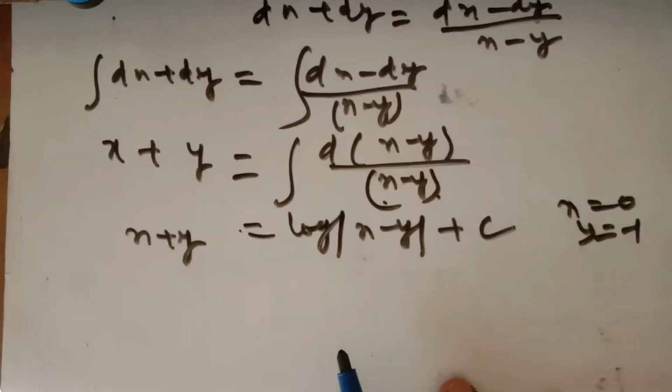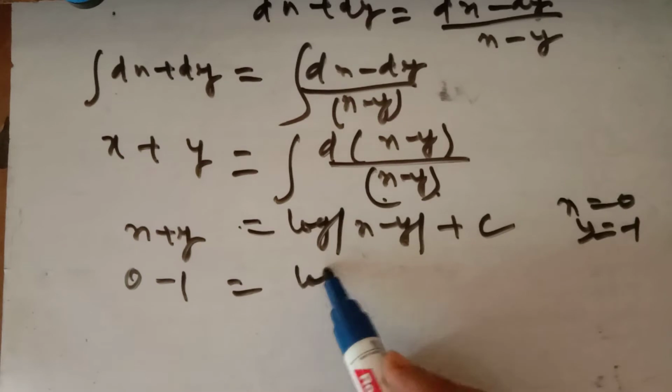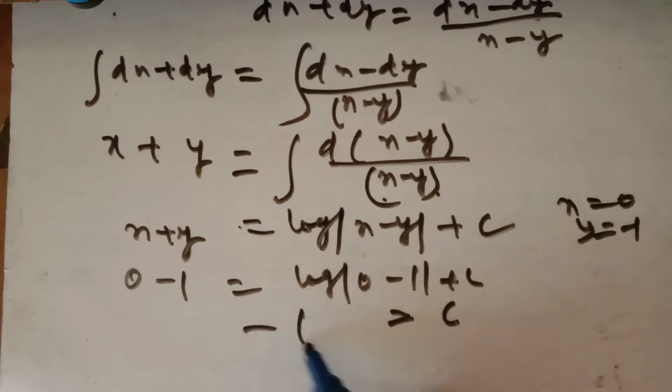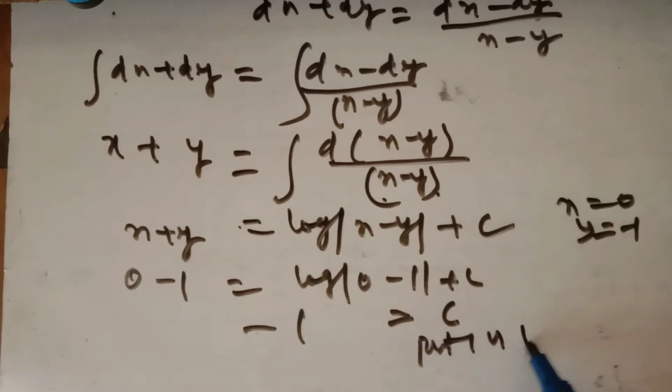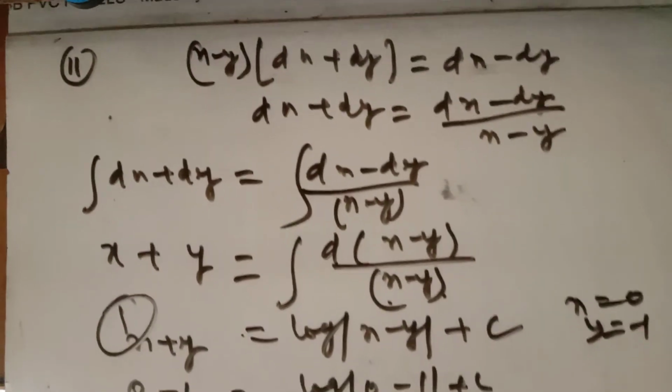When you put these values here, you get 0 minus 1 equals log|0 minus 1| plus c, and the value of c you are getting as minus 1. When you put it in equation number 1, you get the particular solution of this differential equation. So this is question number 11.